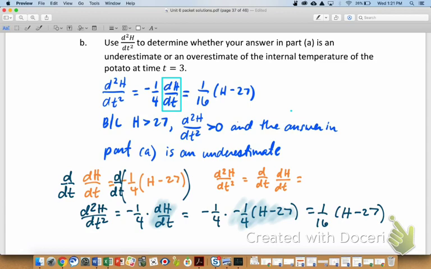Merrick, why is it an underestimate? So this right here, we're told in the question stem that h is always greater than 27. Apparently room temperature is 27, I guess. So if h is always bigger than 27, that means h minus 27 will always be positive. So the second derivative here will always be positive.